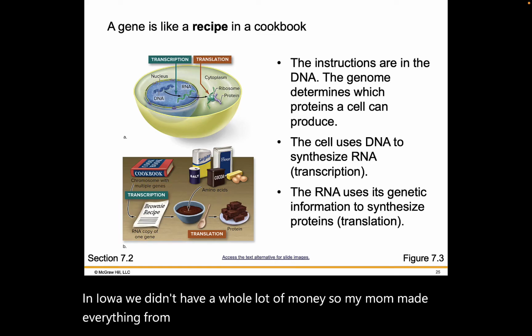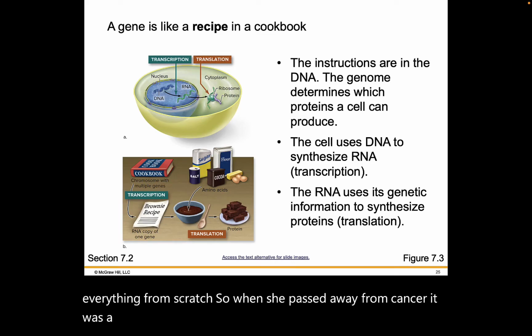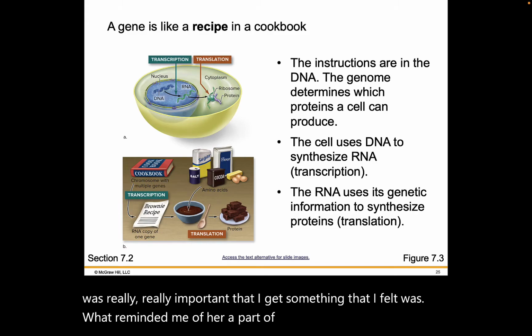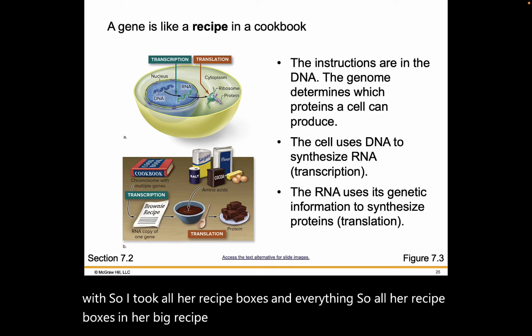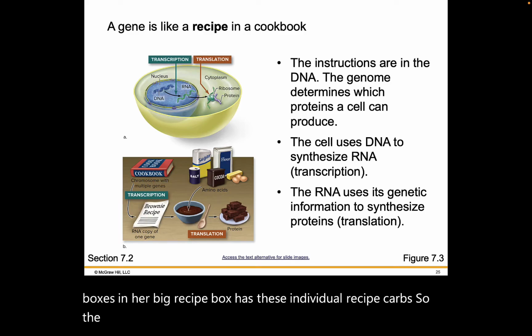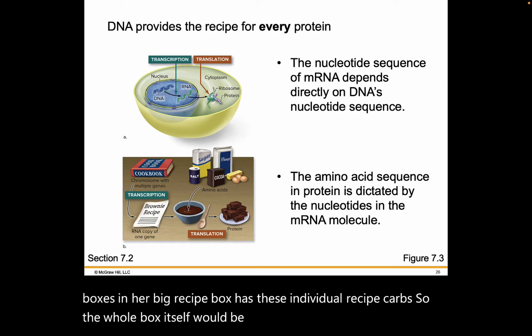So when she passed away from cancer, it was really important that I get something that reminded me of her, a part of her, and that I really identified with. So I took all her recipe boxes and everything. Her big recipe box has these individual recipe cards. So the whole box itself would be like this cookbook here.